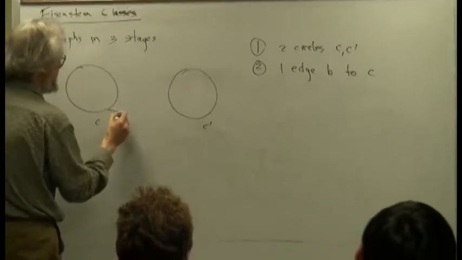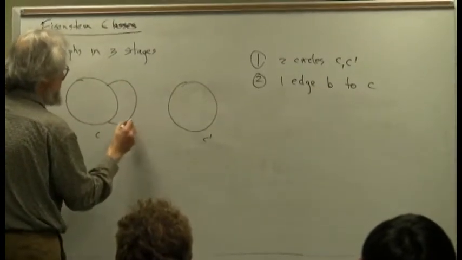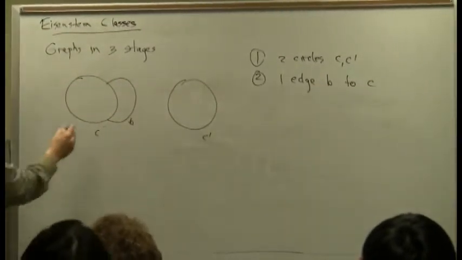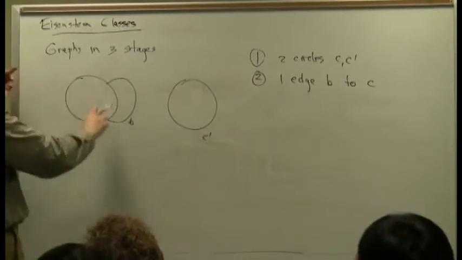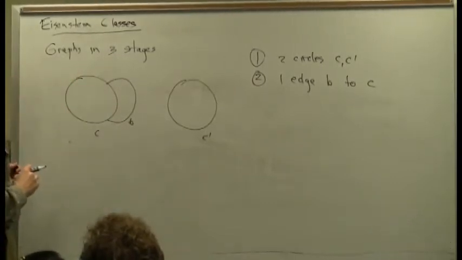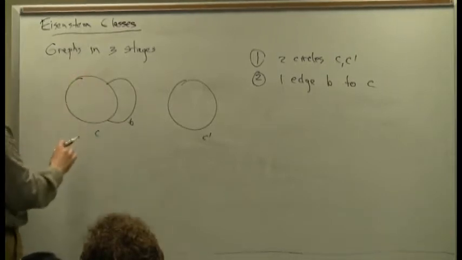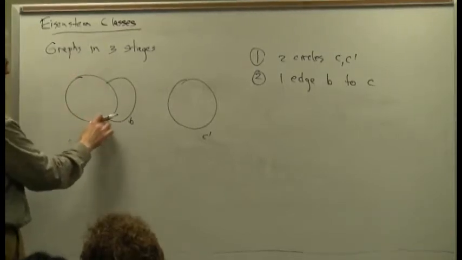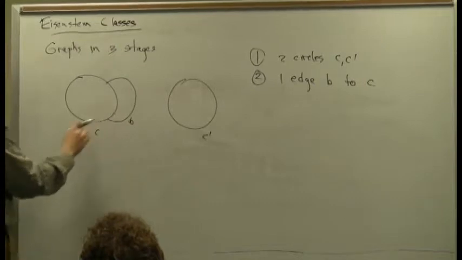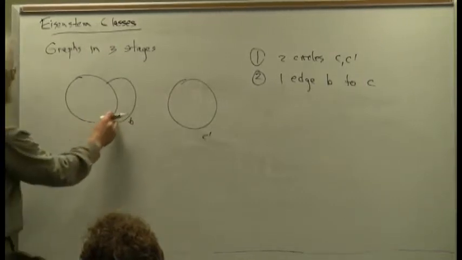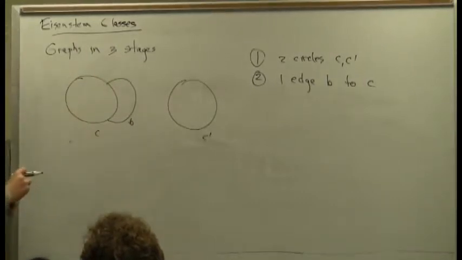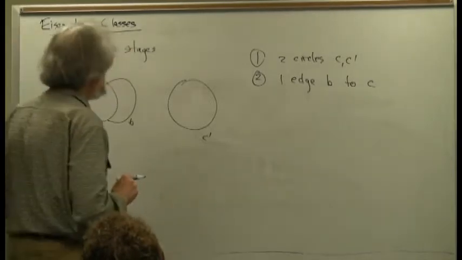I'll draw it out here. That's B. The 2 ends of it can vary around this circle arbitrarily. That would give you a 2-parameter family, but you've got rotational symmetry of the circle, so there's no harm in assuming that one end of B is at a fixed point. The other end then goes around the circle like a 1-parameter family.